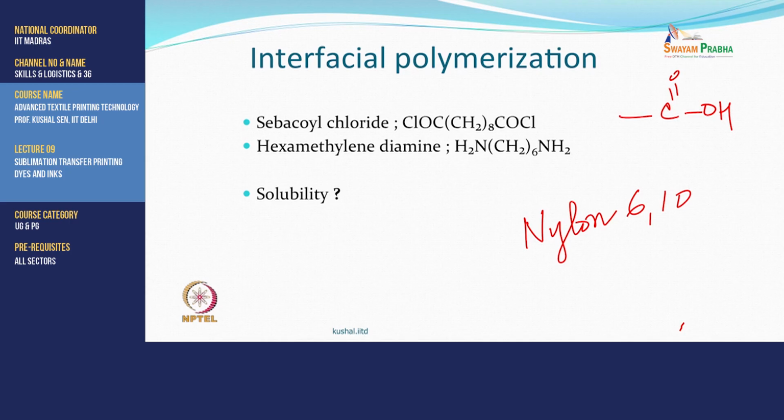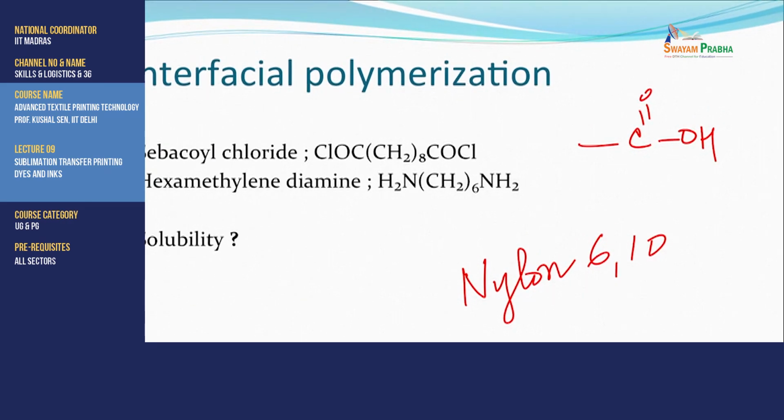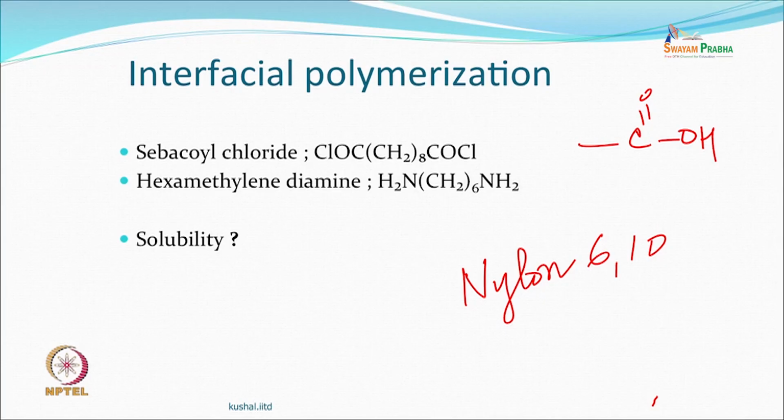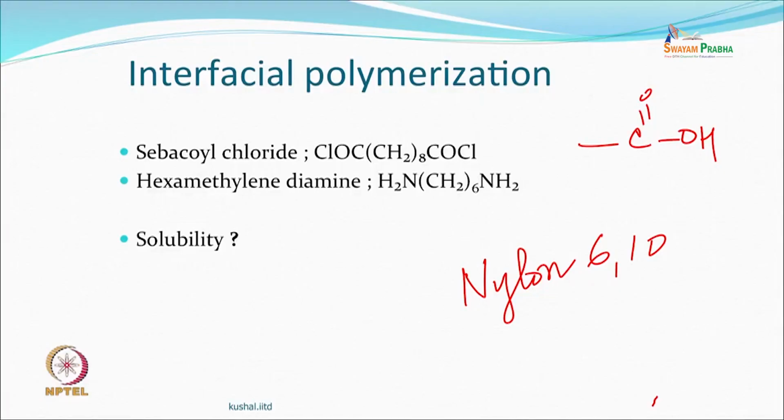At the interface. And if you have highly reactive compounds, monomers, in this case for example, sebacoyl chloride, which has C10 and it's a chloride, not an acid. If it is sebacic acid, instead of COCl, if you have COOH, this is not that reactive.